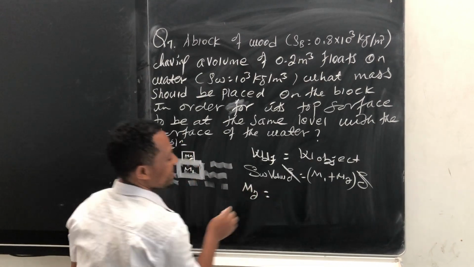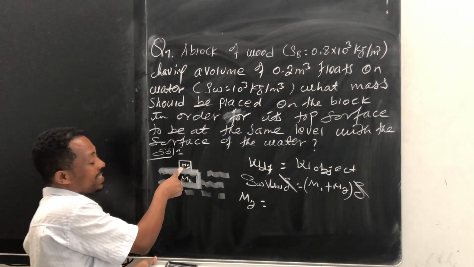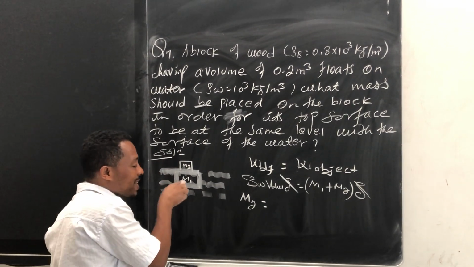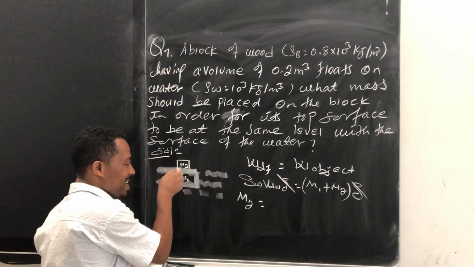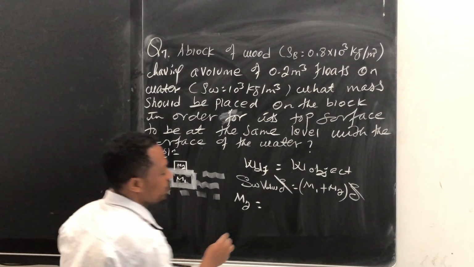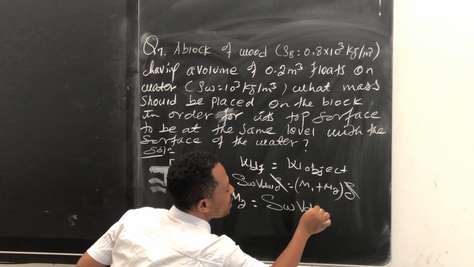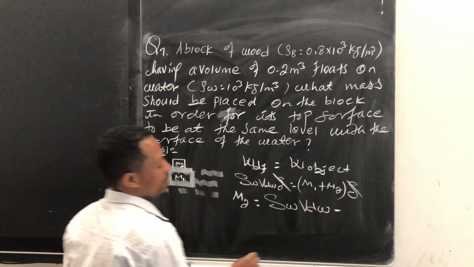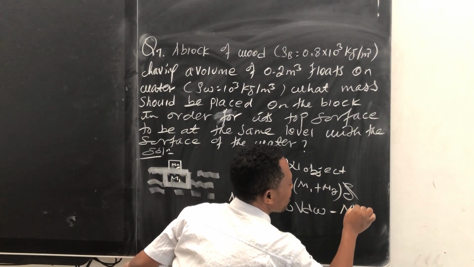M2 becomes all the required mass to put this at the level of the water. The required mass M2 should be the density of the water times the volume of the displaced water, minus mass 1.